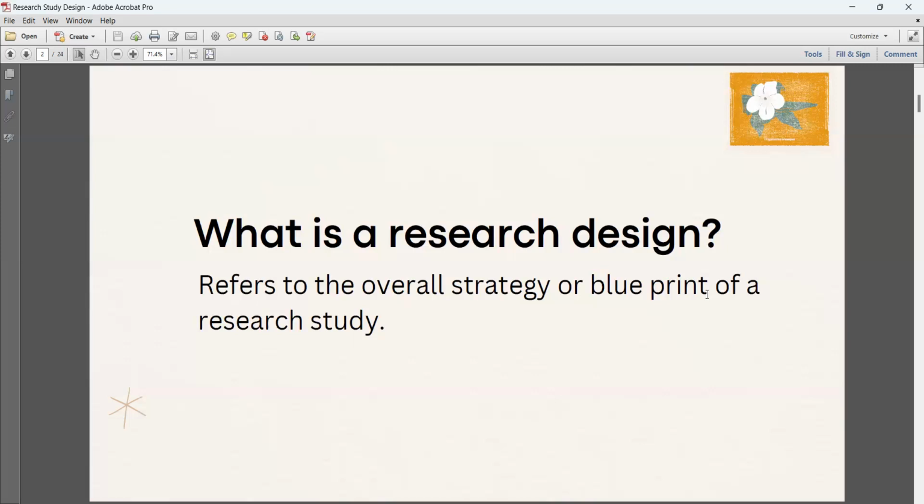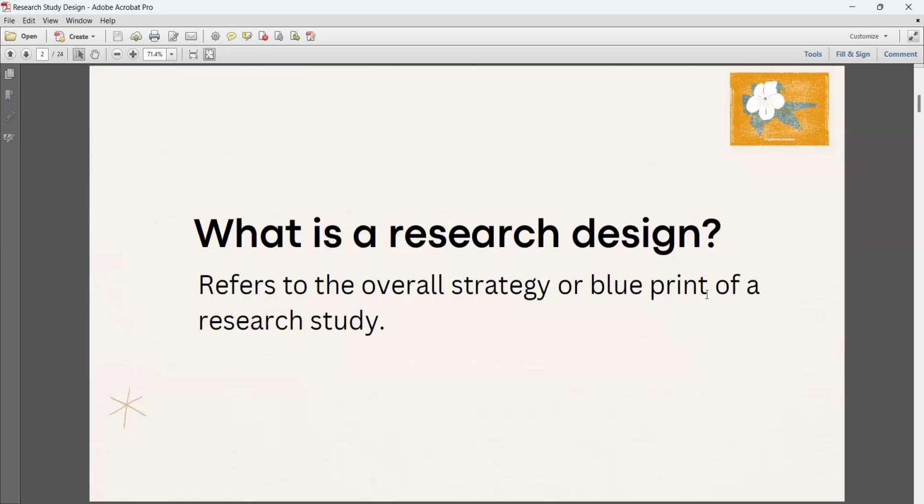So similar to that example, a research design is the overall strategy you are going to use to answer your research questions. Think of it like the design of the house you have in mind. Then what comes thereafter are the different set of methods and procedures that will be used.